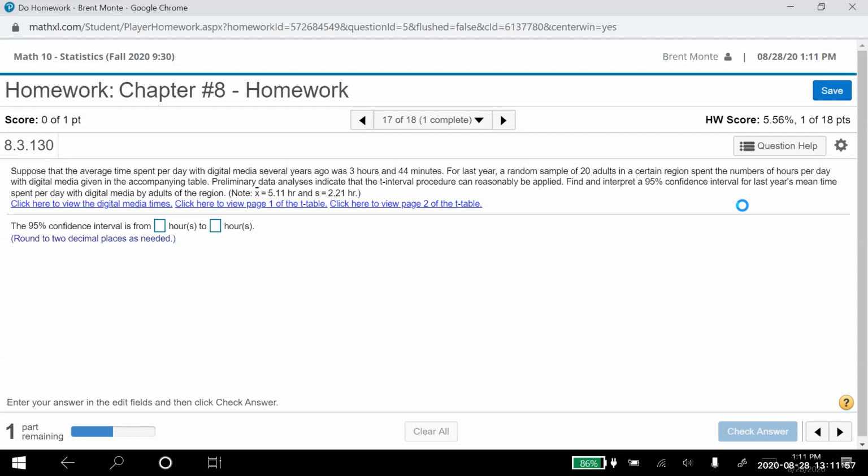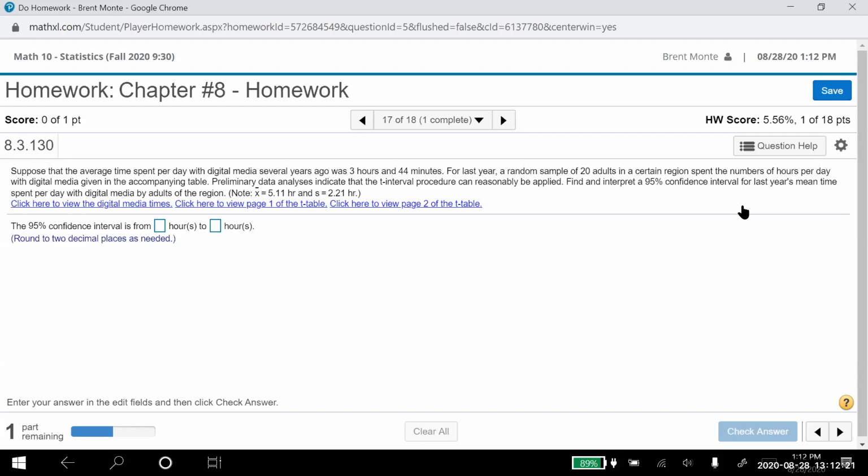So that means whatever they looked at, it satisfied those 3 assumptions we just listed. Find and interpret a 95% confidence interval for last year's mean time spent per day with digital media by adults in the region. Now they tell us what X bar is and what S is. They've calculated it, but we're not going to use those because they actually give us the data.